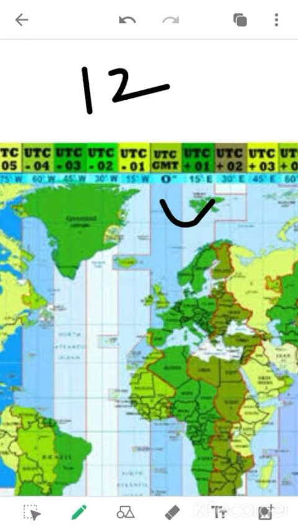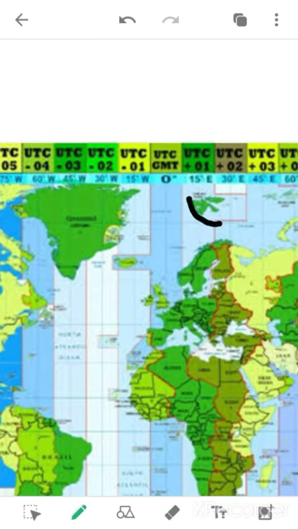It would be 1 PM. And the second time zone, from 15 degree east longitude to 30 degree east longitude, would be 2 PM.